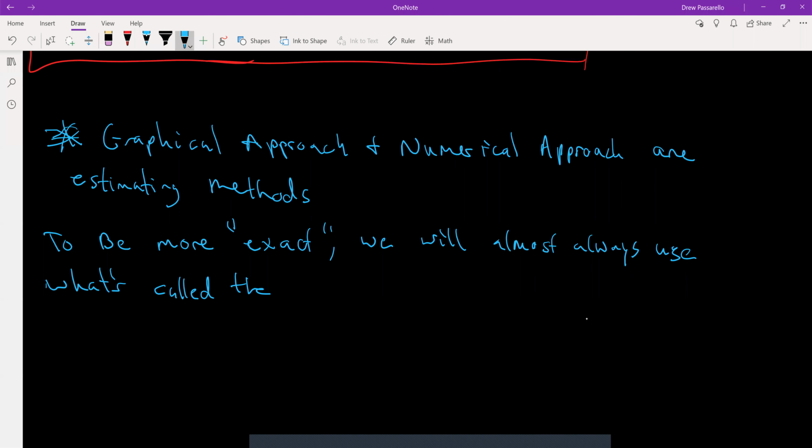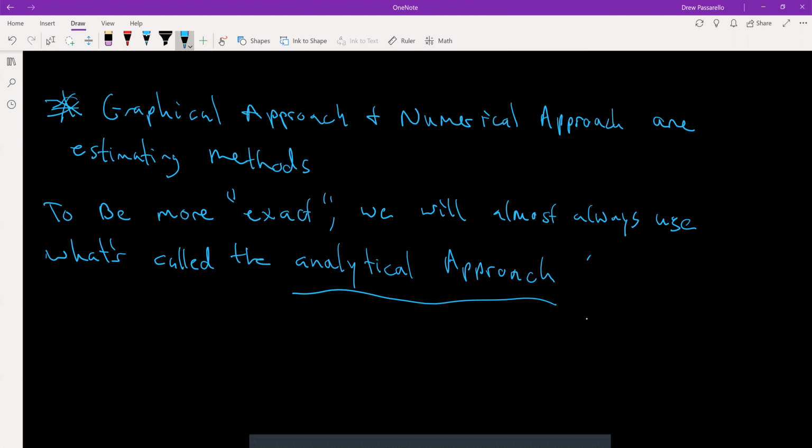So this is what we'll be using 90% of the time. If we can't determine the limit from the analytical approach, which I haven't done yet, then you would use these other two methods. The graphical approach is probably the one I would try if I couldn't figure it out analytically.